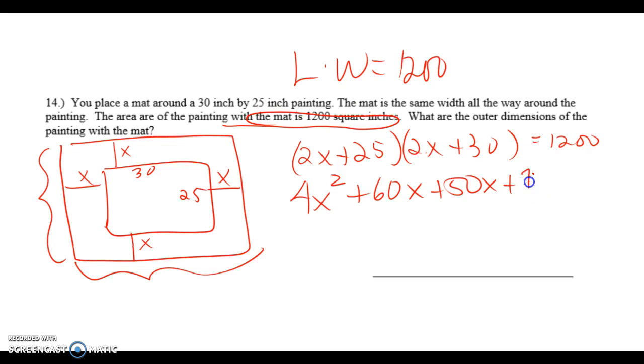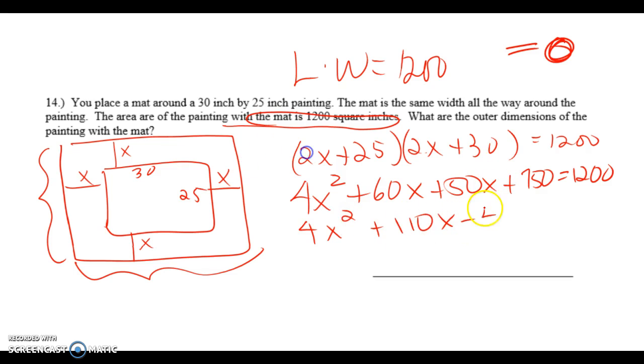is 750, right? Now I always, if I'm going to solve anything, have to get everything over to one side. So I'm going to subtract the 1200 from both sides, and I get 4x squared plus 110x minus 450 equals 0. Now, unfortunately, this is not factorable.